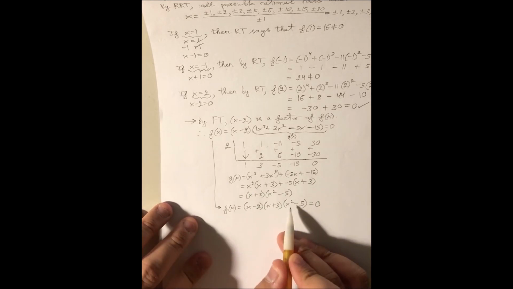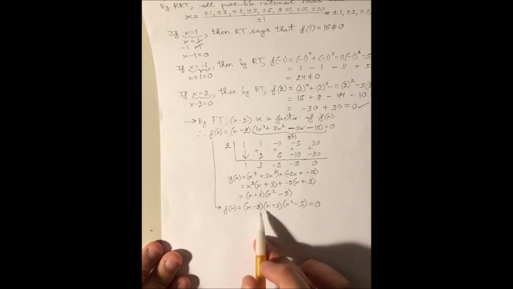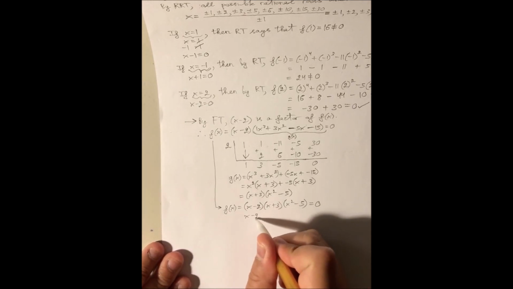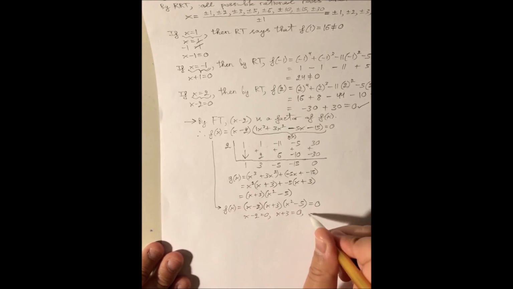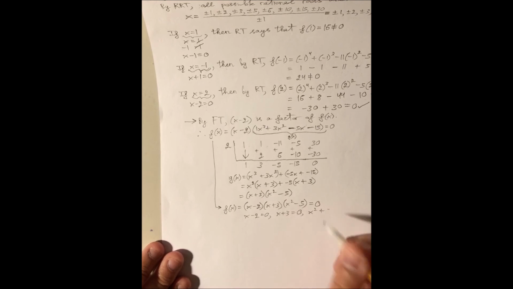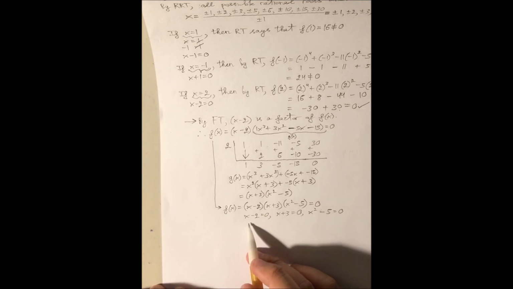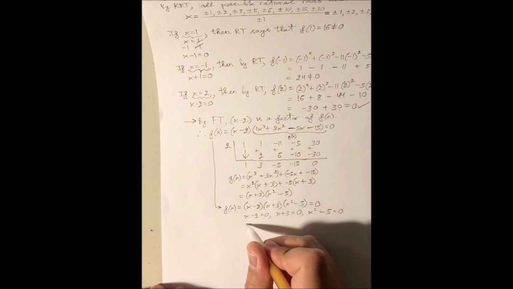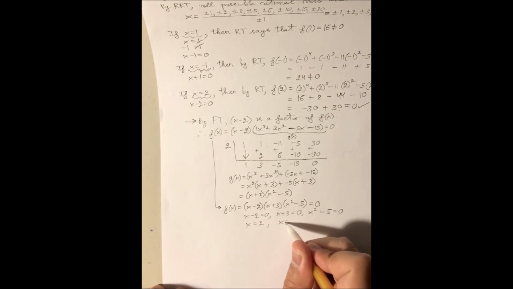It equals 0. Of course, x squared minus 5 cannot be factored anymore, so using the zero product property, set each of these binomial factors equal to 0, and then we solve for x. x minus 2 equals 0, so we know this is going to be x equals 2. This is going to give us x equals negative 3.